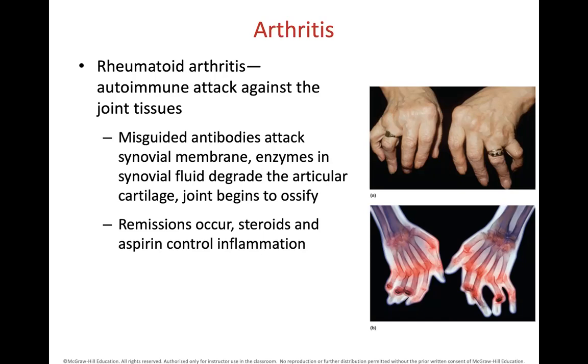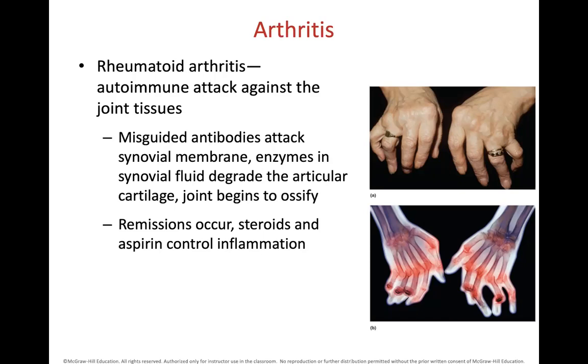Remissions can occur throughout a person's life. So like a lot of autoimmune diseases, this can come and go sort of unexpectedly. There's a lot of treatments for it, but there's no cure necessarily. Autoimmune diseases are particularly hard to cure because we don't want to knock out the immune system totally.